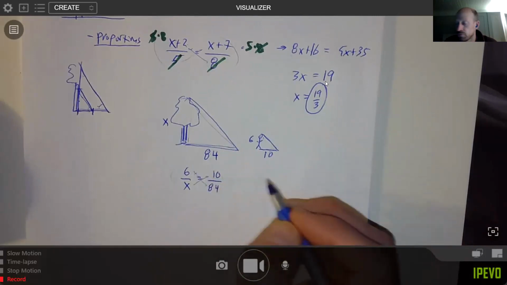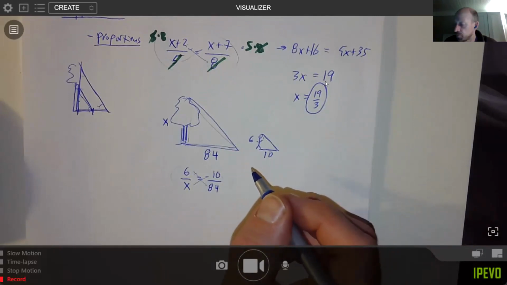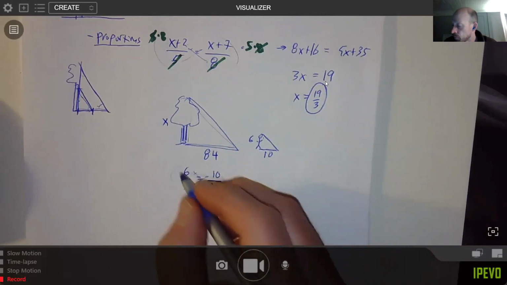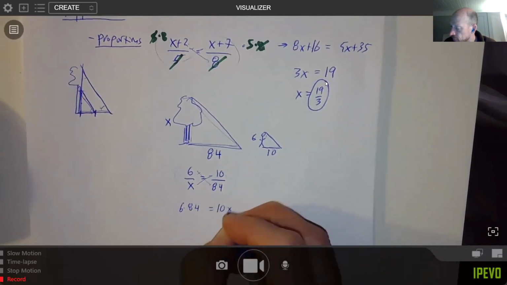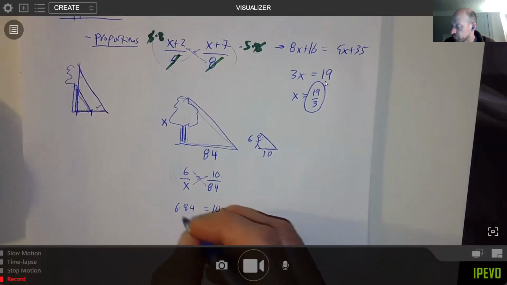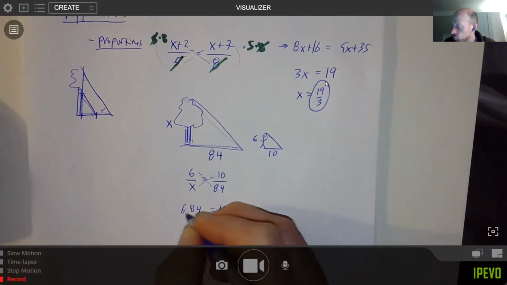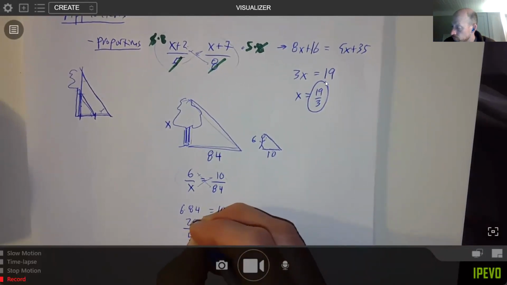Again, if you want to, you can get rid of the denominators by cross multiplying. I get 6 times 84 equals 10x. So if I divide by 10, what's that give me? Divide both of these by 2, that gives me 3 times 84, 252 over 5.